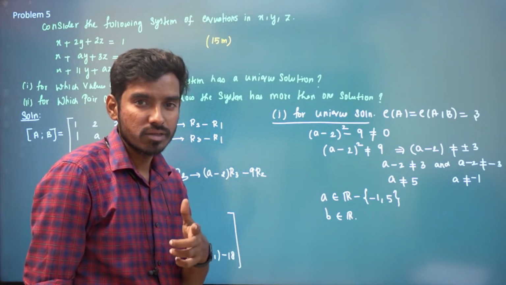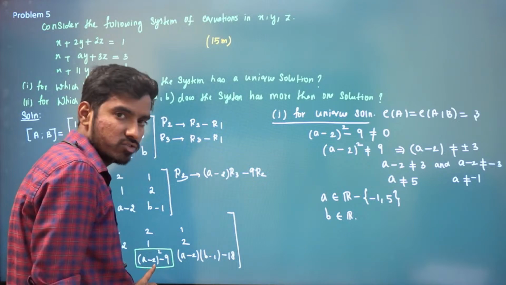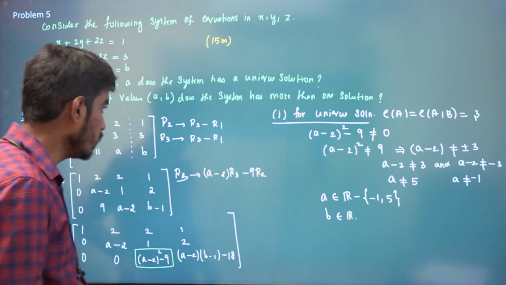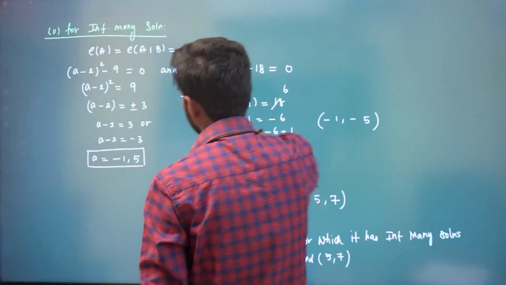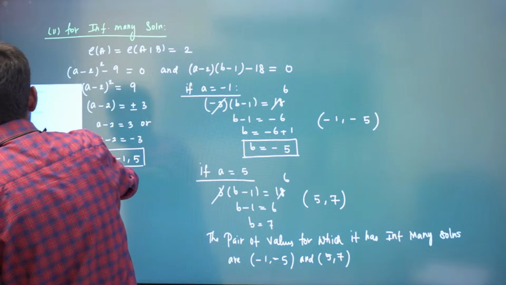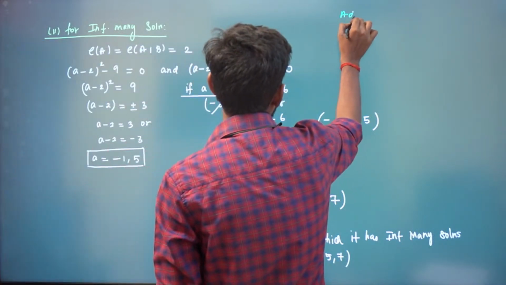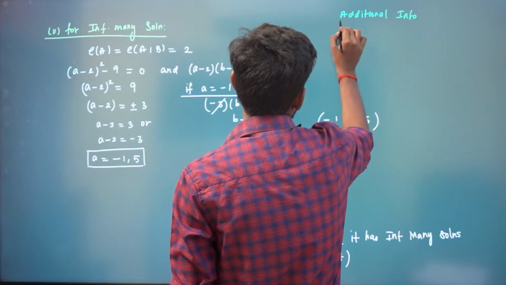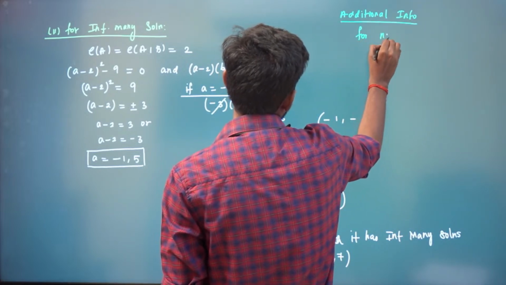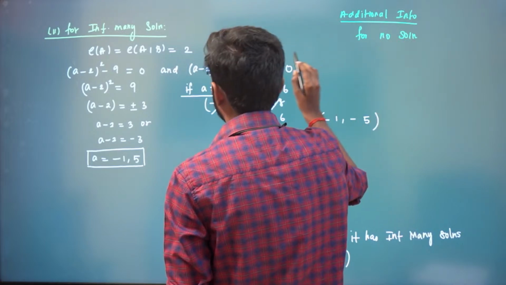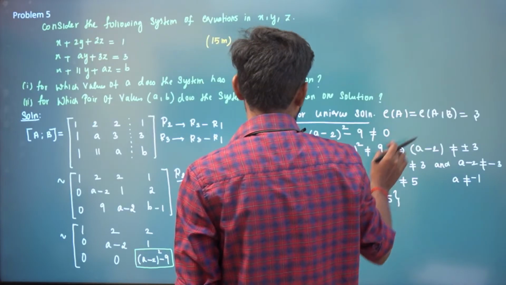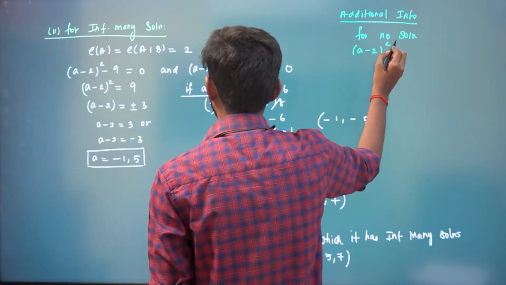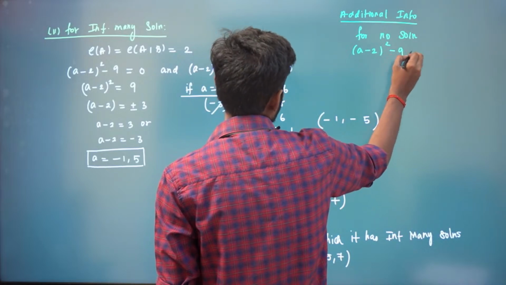Can you just visualize? If A is equal to minus 1, I'll put it down, for no solution. This is additional info. For no solution, this should be 0: (A minus 2) whole square minus 9 should be 0.